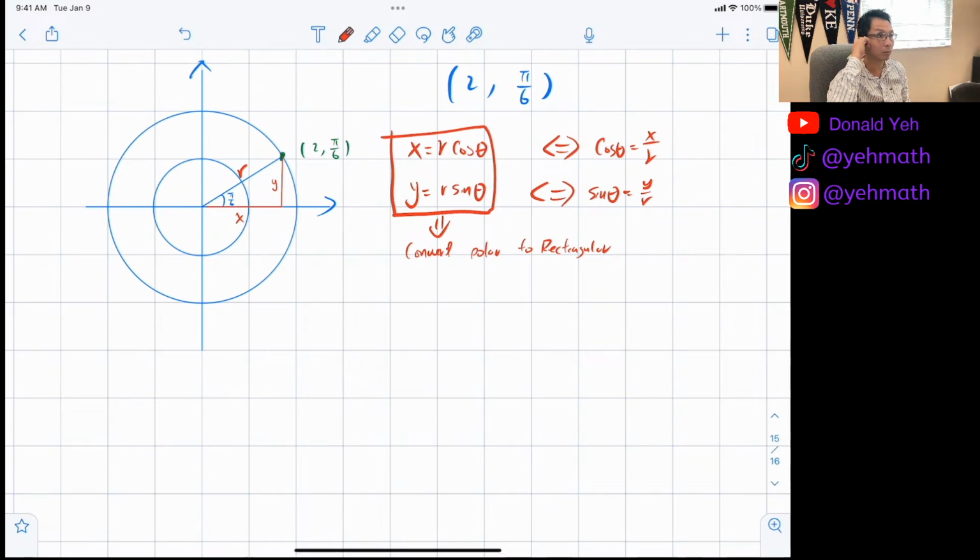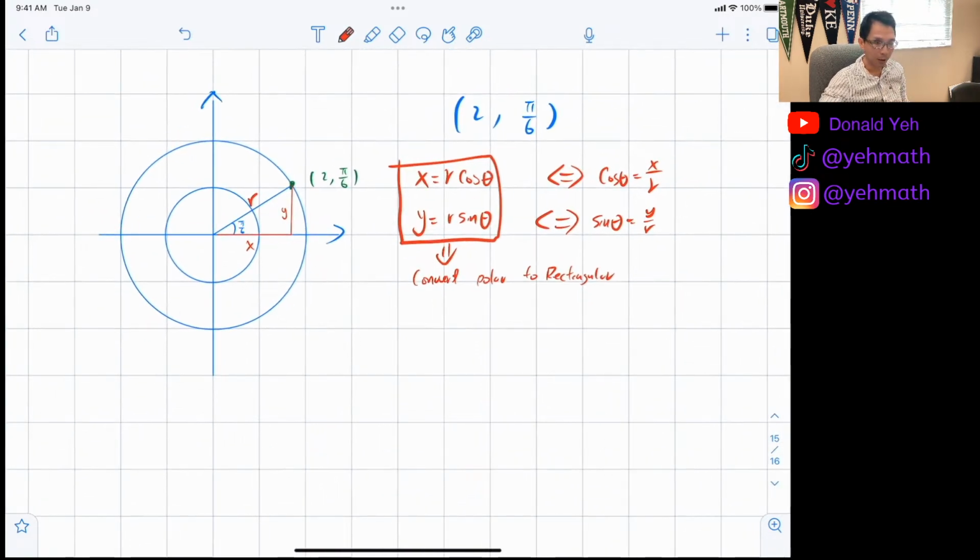One thing that you have to understand is you can use this to convert. So for example, if I want to convert this 2 and pi over 6, I just plug in x equal to 2 cosine of pi over 6 and y equal to 2 sine of pi over 6.